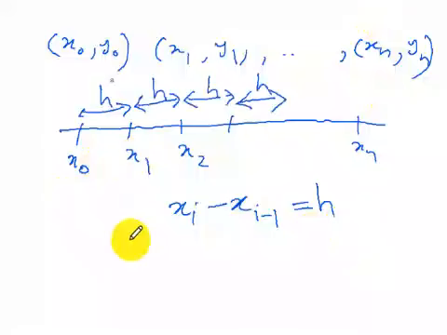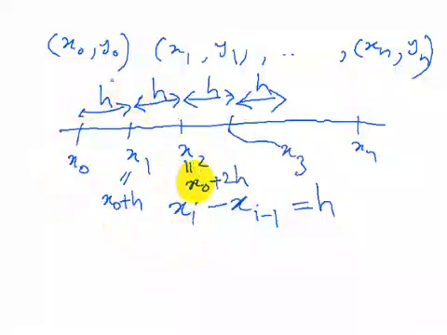So you can express x1 in terms of x0 and h. x1 is x0 plus h. x2 can be expressed in terms of x0 and h: x2 will be x0 plus 2h. x3 would be x0 plus 3h, and so on and so forth.